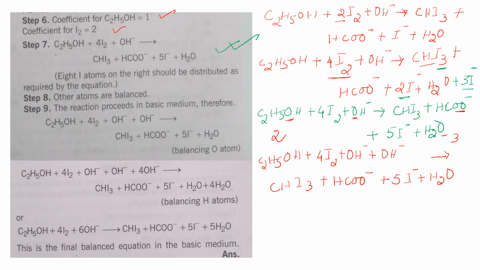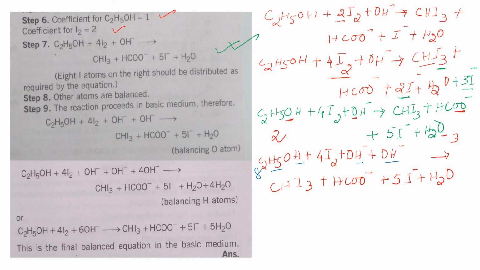Now as I have added OH minus in the left hand side, maybe the hydrogen atom is not balanced now. It became imbalanced. Let us see how many hydrogen atoms are there in left hand side and right hand side. In left hand side we are having how many hydrogen atoms? 5 and 1, 6, 7 and 8. I am having 8 hydrogen atoms in the left hand side.